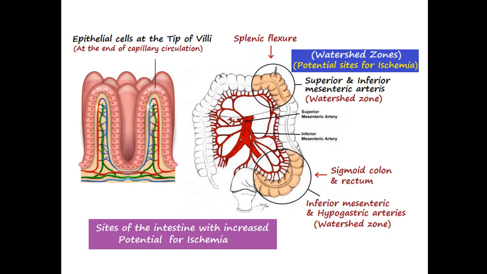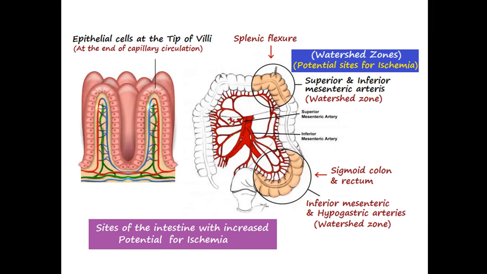Additionally, there are two areas in the large intestine that are known as the watershed zones. By watershed zone, we mean the place where a river is divided into two. The first one is the splenic flexure, where the terminal branches of the superior and inferior mesenteric arteries perfuse the area.